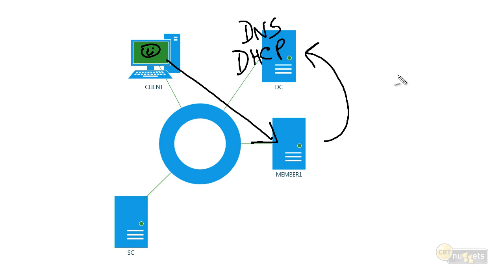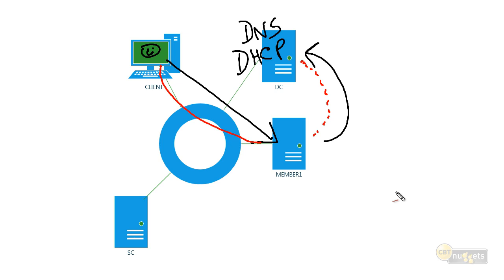This is where the double hop happens. You see, my credential with PowerShell remoting is able to be delegated securely across the network so that member one can perform whatever tasks I'm asking it to do as me. It performs them using my credential. So whatever permissions I have, it's able to do. The problem is when it needs to reach out to another machine, by default, that second hop, my credential can't delegate across that.